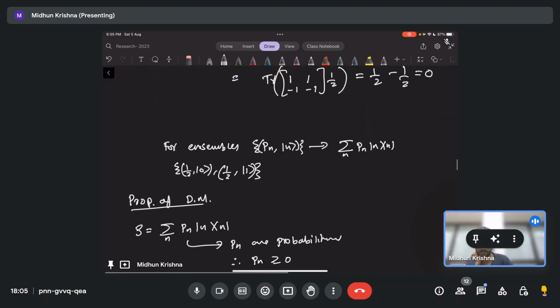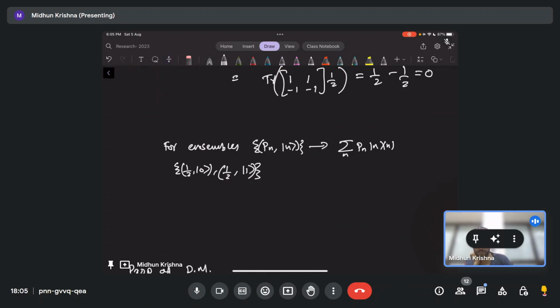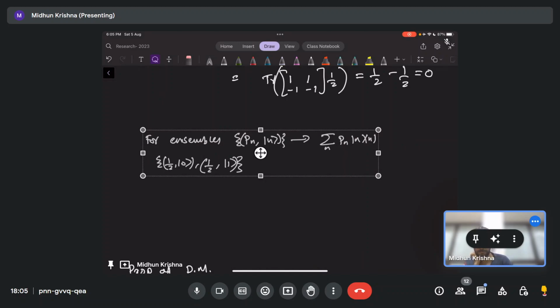But if I have a mixed state, which means if I'm given an ensemble of this form with some probability Pn, I'm given the state n, right? Let's take this example with some different probabilities. So with probability 1 by 3, I get the state 0, and with probability 2 by 3, I get state 1, right? So my density matrix rho is what?